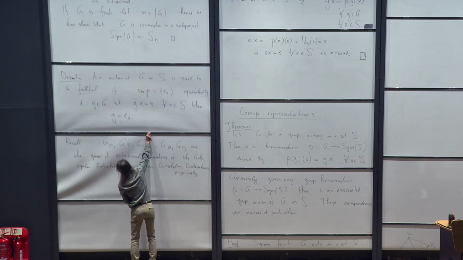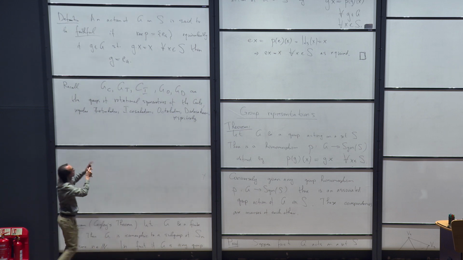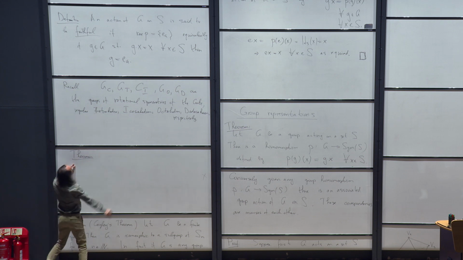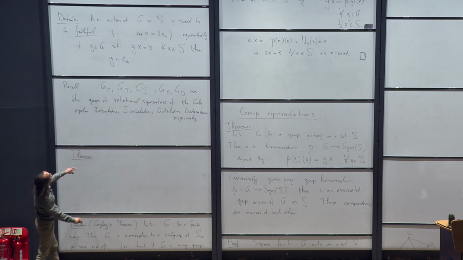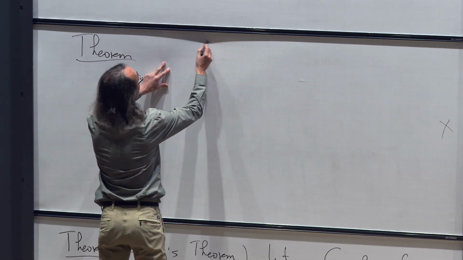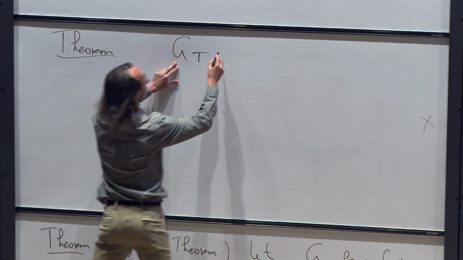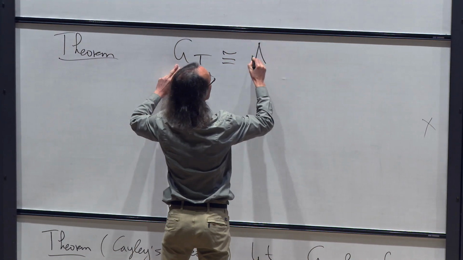And I can put now what we're going to do next in one big theorem, which we can state quickly as follows. The group of rotations of a regular tetrahedron is isomorphic to A4.